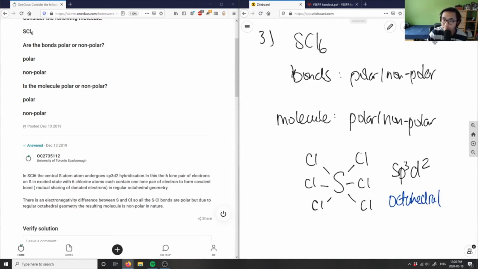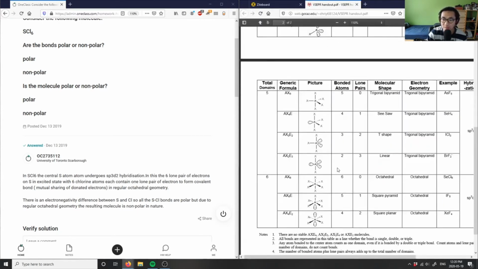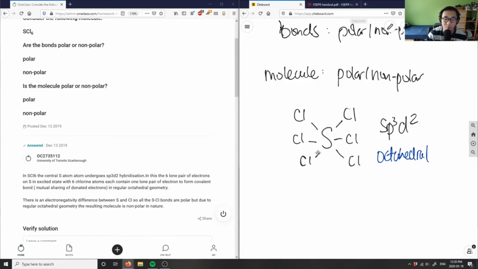These chlorines are all bonded to the sulfur atom, and there are no lone pairs to push these bonds away. Therefore, I guess I answered the second question. This molecule is nonpolar, because there are no lone pairs to make it a polar compound.